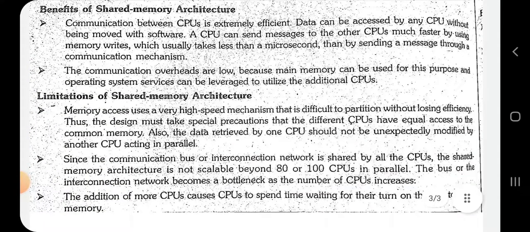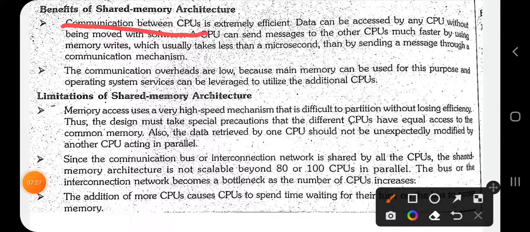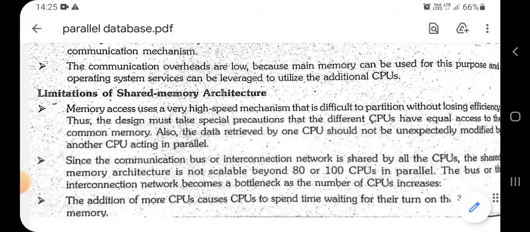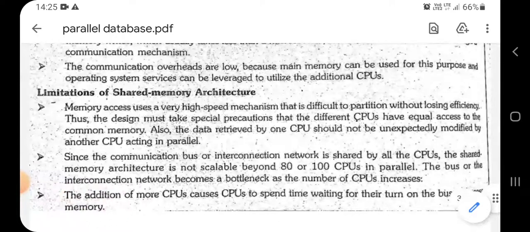And the benefits of going for this arrangement of shared memory multiple CPUs: it creates a common communication between different kinds of CPUs. They are extremely efficient, doing the communication by sending and receiving messages among themselves.